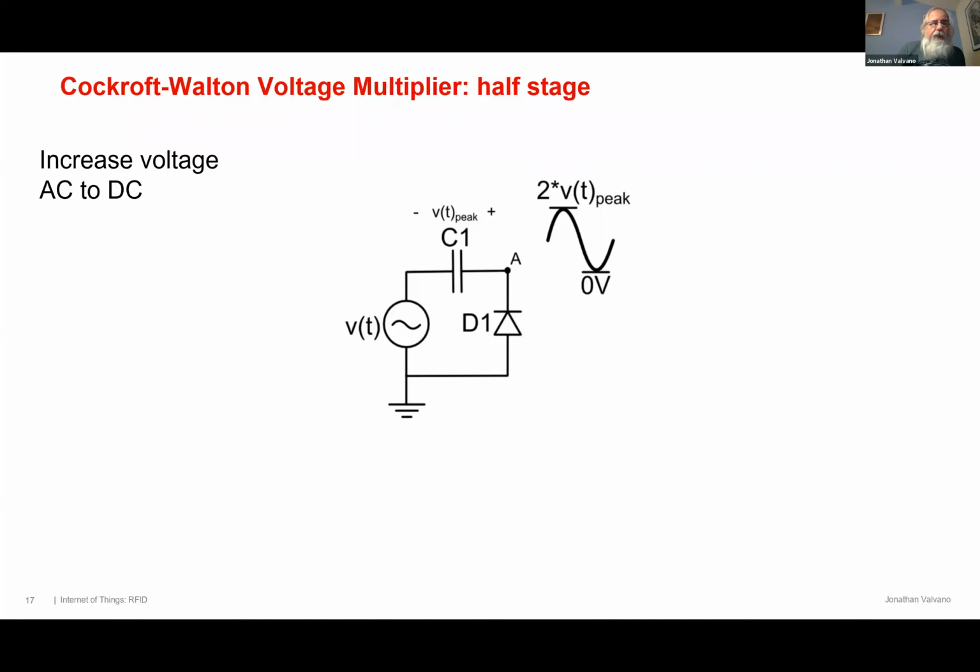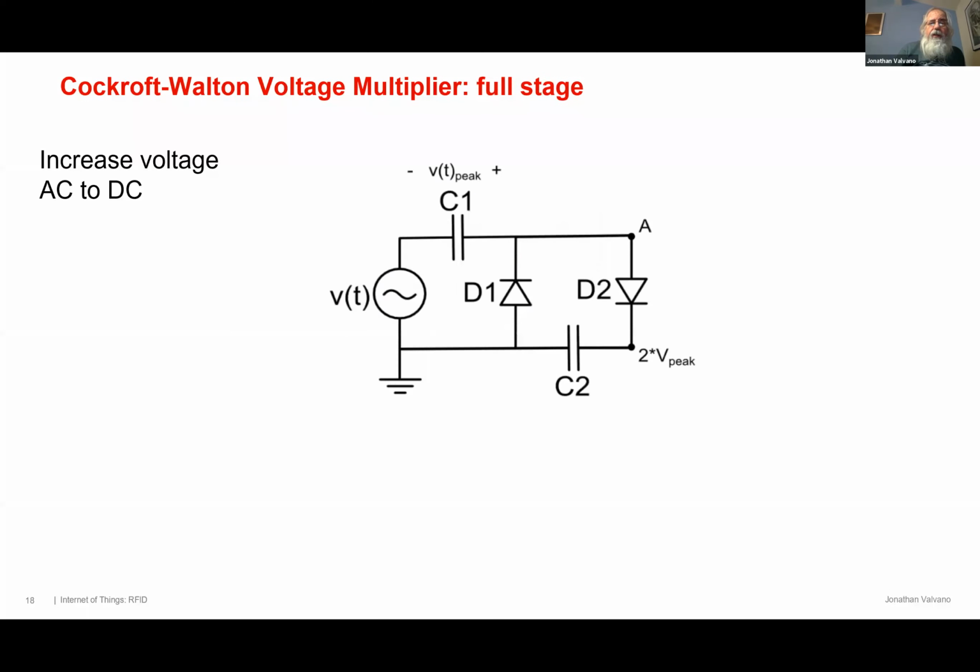This has got a name. It's a Cockcroft-Walton voltage multiplier. This is a half stage. It's not very good. We had a full stage, and basically 2 capacitors, 2 diodes. And now the voltage gets large. We've doubled the voltage at the output relative to ground.